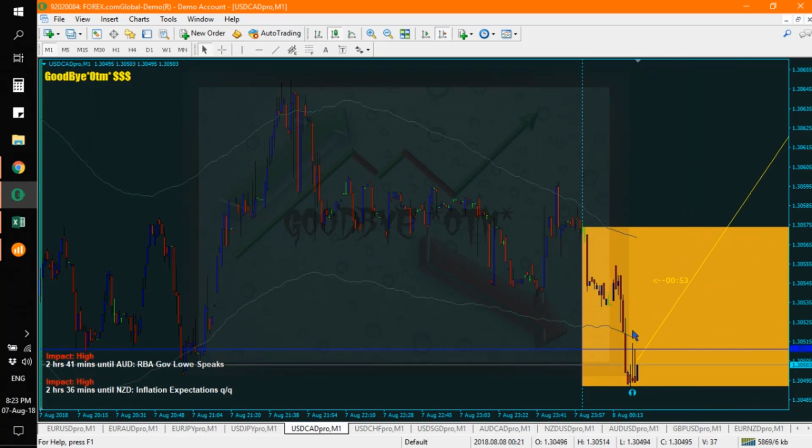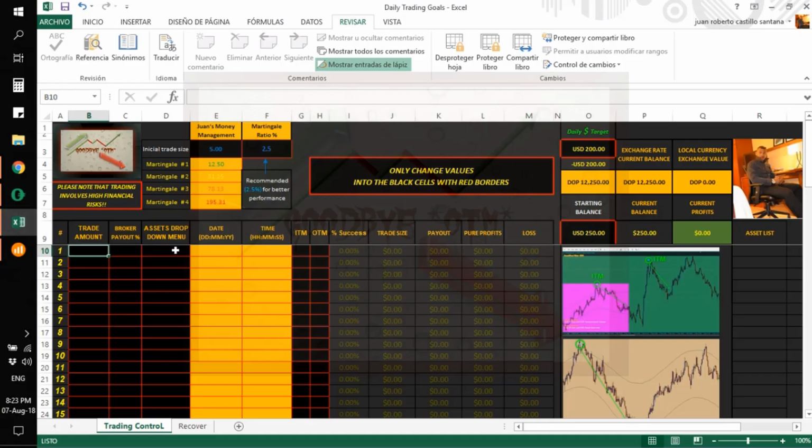But let's wait for the end of this, and in case of a losing trade, we will be using our money management. Everything is being set right here. This is our money management and also our daily trading control.